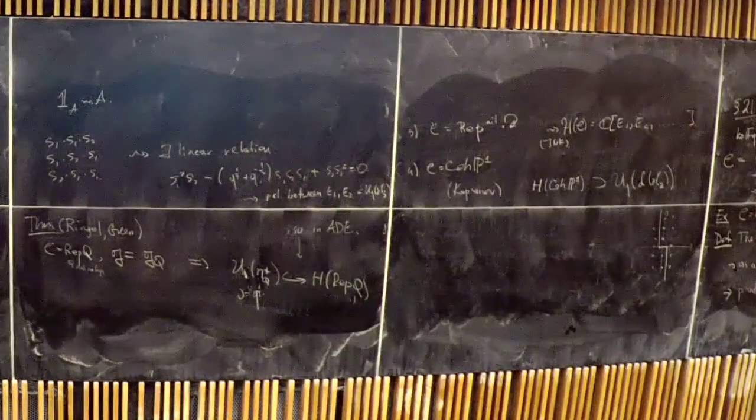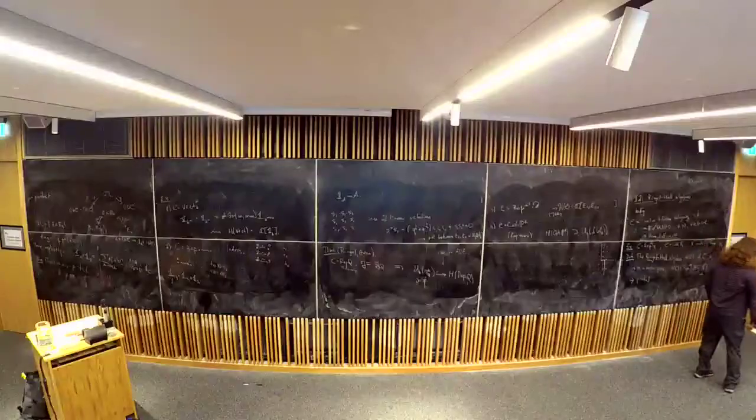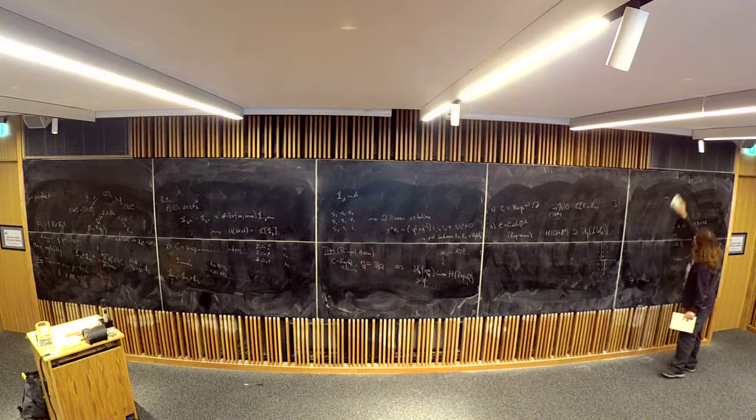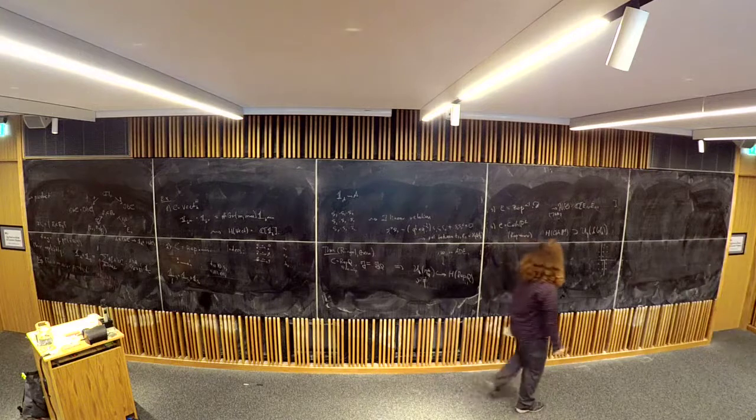So, after giving you a bunch of examples and using up more than a quarter of the time, I'm going to finally pass to cohomological Hall algebras. Define what they are.